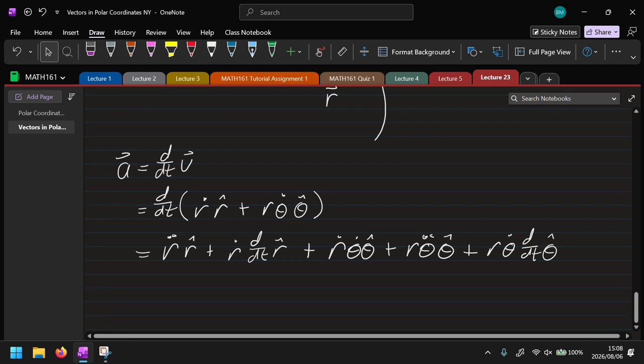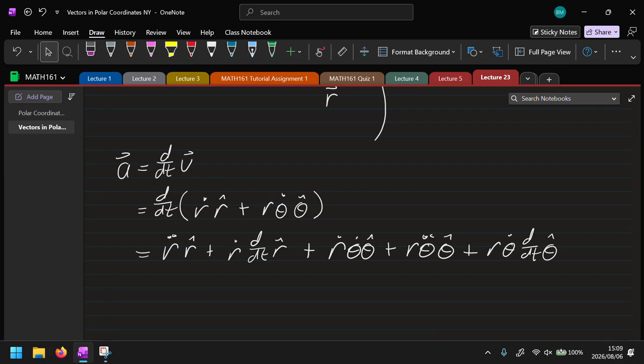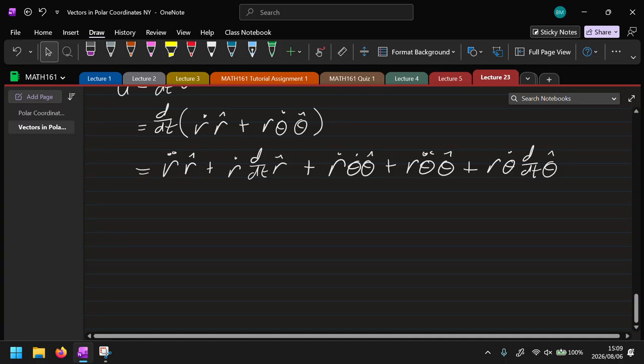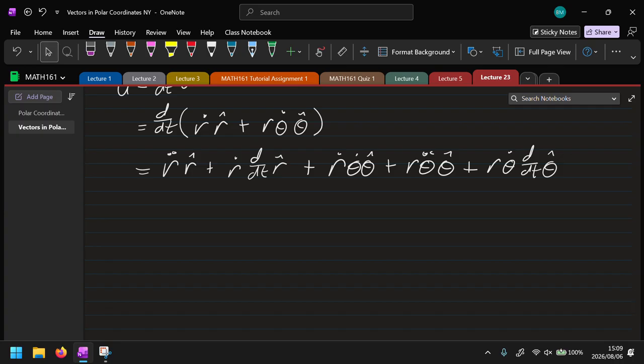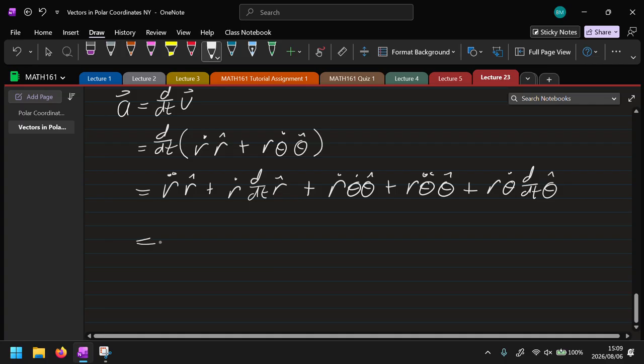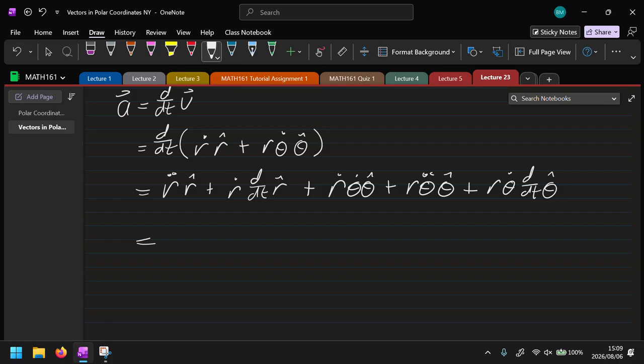So we end up with these terms here. Any questions before we get to the expansion and derivatives? So everyone's following. Right. So let's substitute for r hat and theta hat, and then we can do the derivatives.